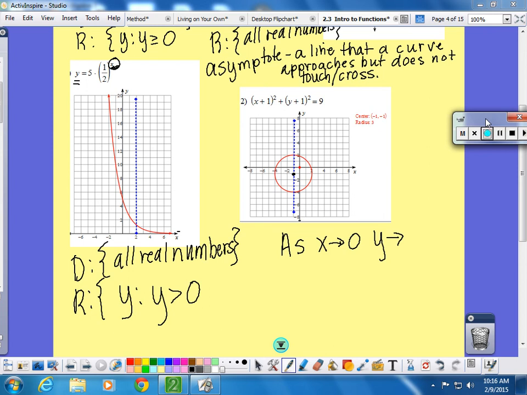It goes down, and y goes 1/2, 1/4, 1/8, 1/16, 1/32, 1/64. What's it approaching if it gets smaller? Zero. Is it going to get there? No.